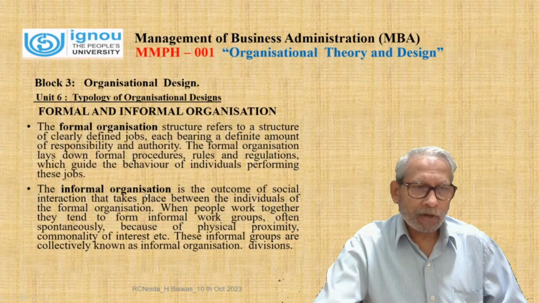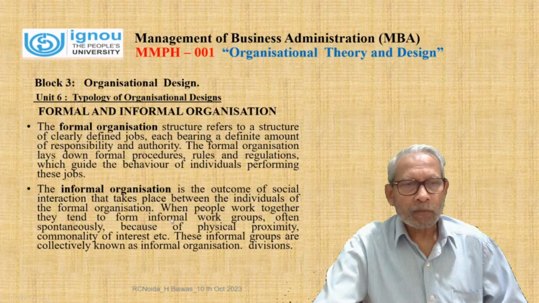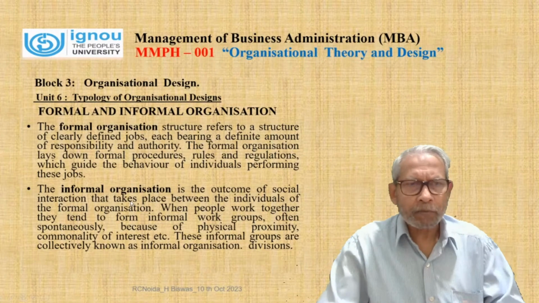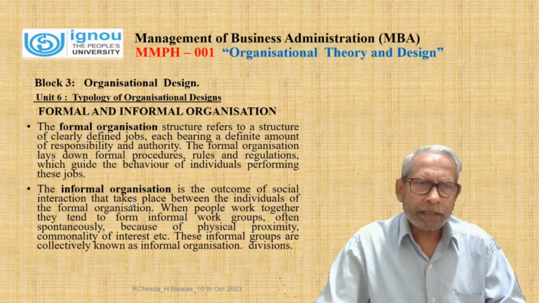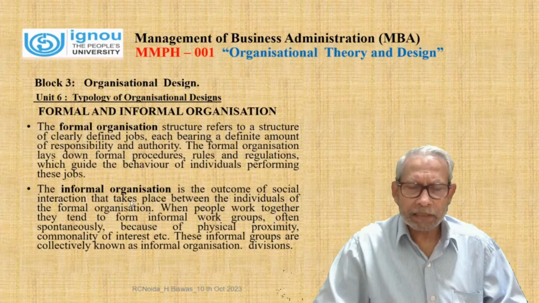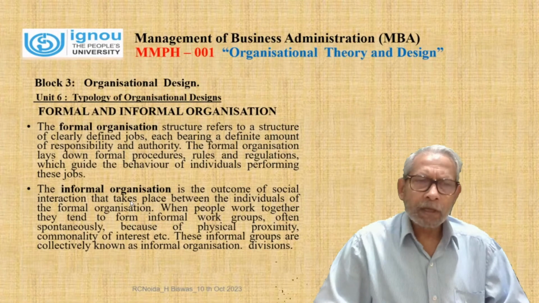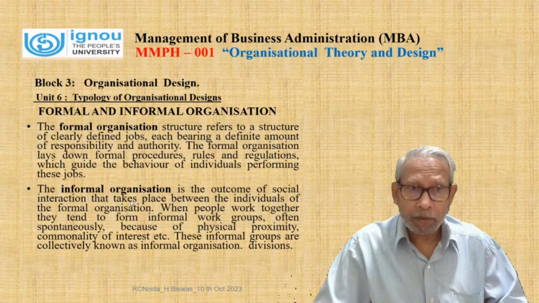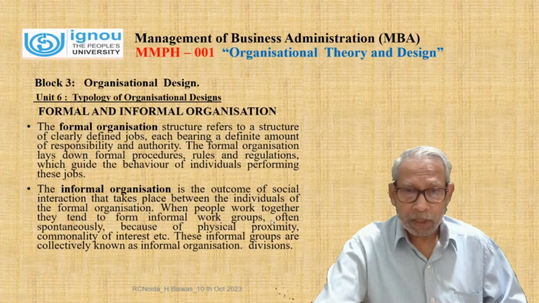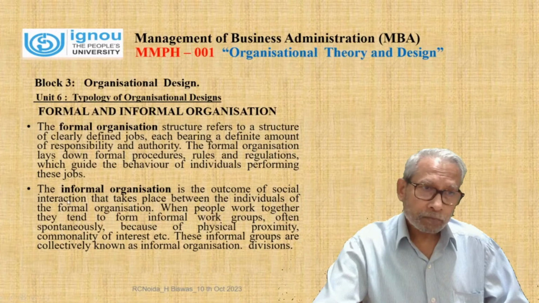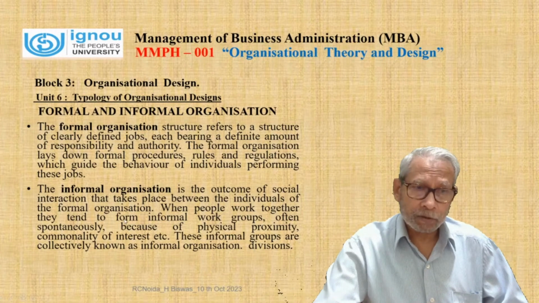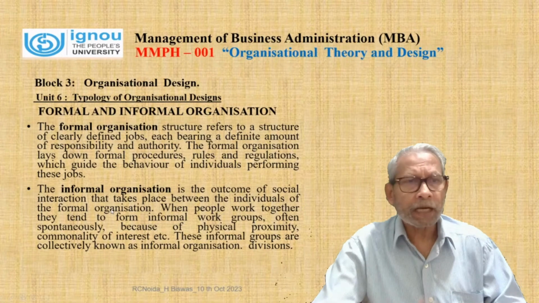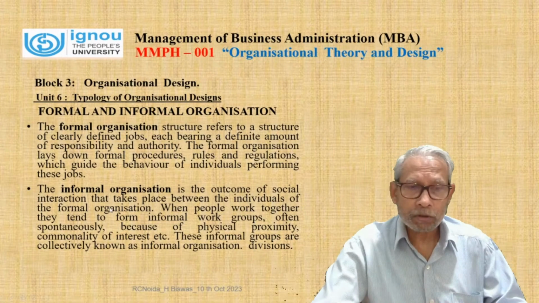When people work together, they tend to form informal work groups. You see in the canteen or cafeteria, when employees are joining, there is some informal discussion going on. Sometimes good decisions and good ideas come up, so the outcomes sometimes come from their discussions, because they feel free to discuss with each other. There is no instruction, no boss, nothing.